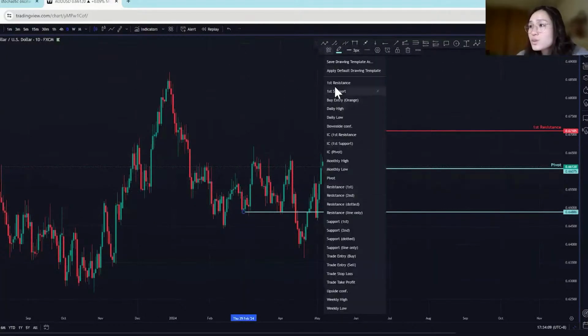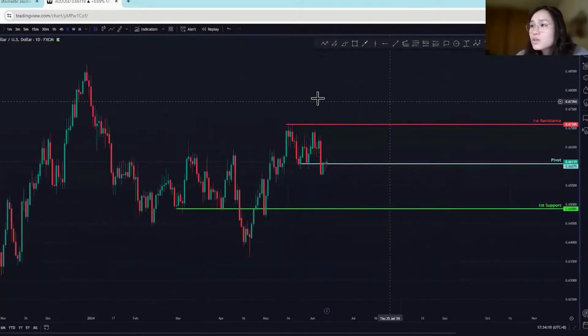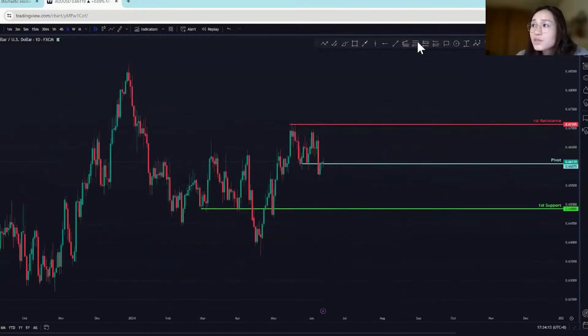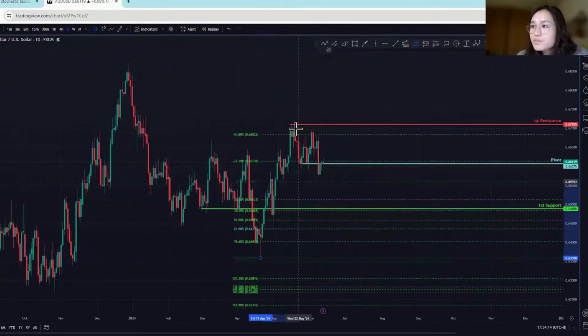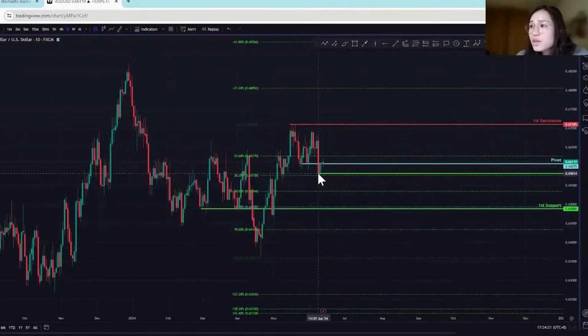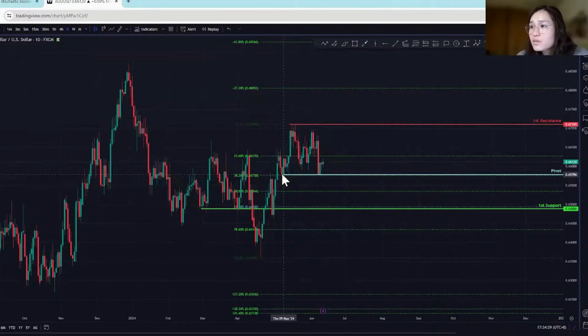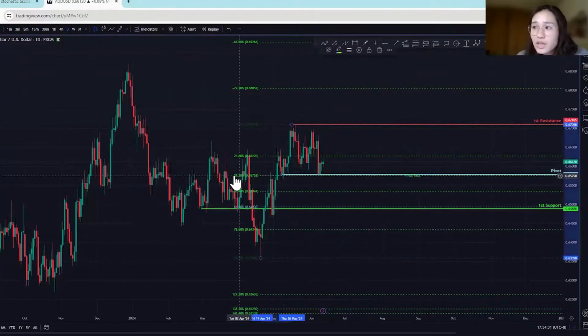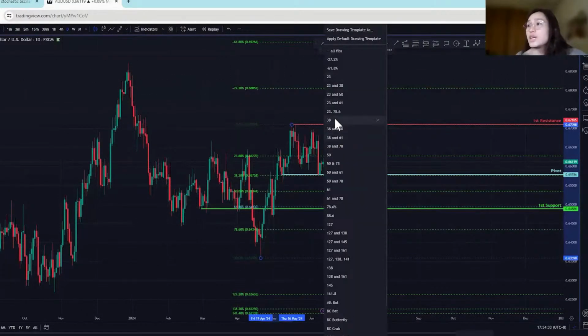This is my first support. Now I'm going in with my Fibonacci levels. My 61.8 lines up. Actually no, I'm going to move my pivot here, because it's a double swing low and also it's in line with our 38.2.